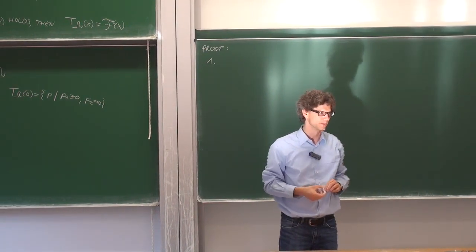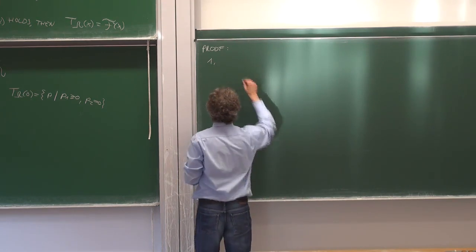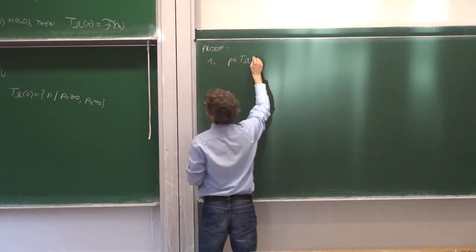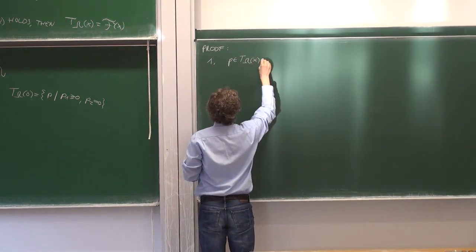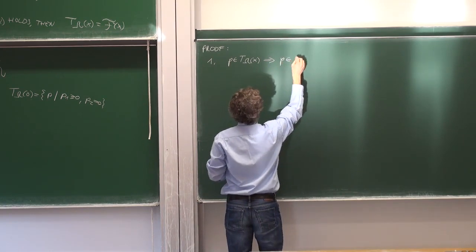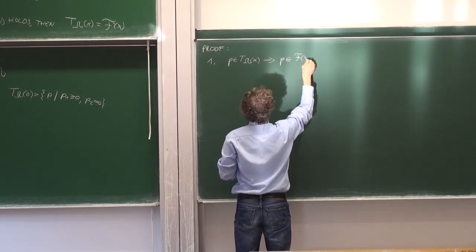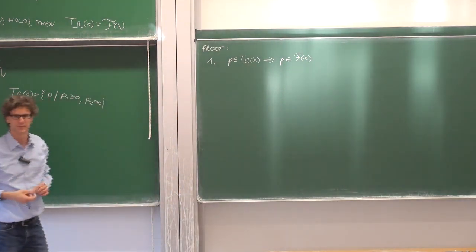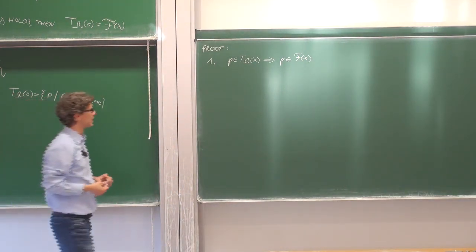That's all that we need to prove. So what we want to show is that p an element in the tangent cone implies that p is an element in the linearized feasible cone at a feasible point x. That's what we want to show.